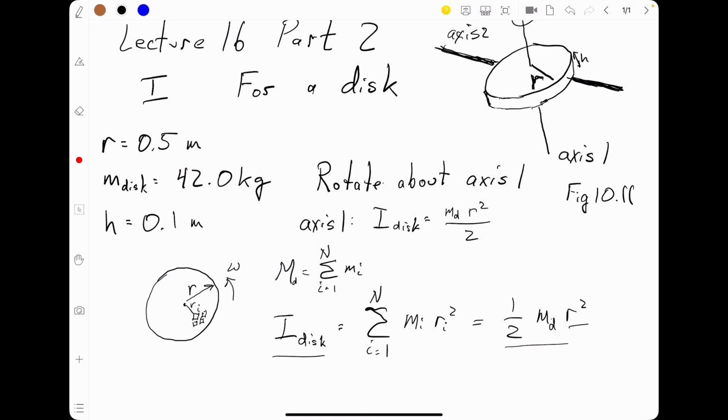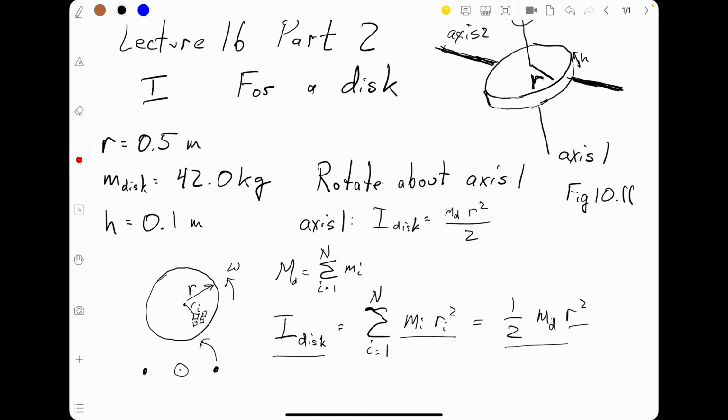And when I was doing the barbells, we had one mass on one end and one mass on the other. And we were just spinning them around this one axis in the middle. Okay? So basically, I had 2 of these. All right? n equals 2.